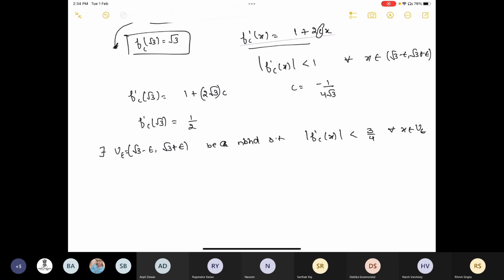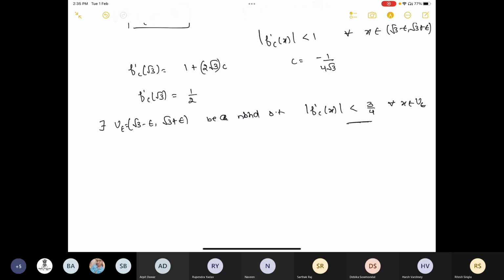If you are not getting how to find this neighborhood, please tell me, because once you are done with finding such a neighborhood, then most of the tutorial is done. Say yes or no, can we find such a neighborhood? Yes, sir. Okay, fine.